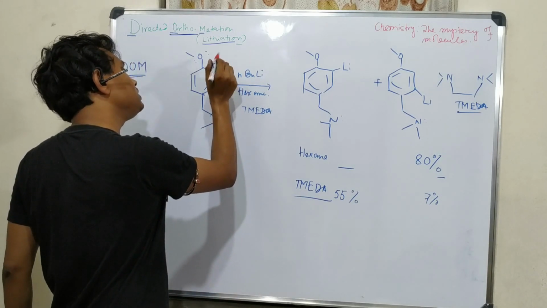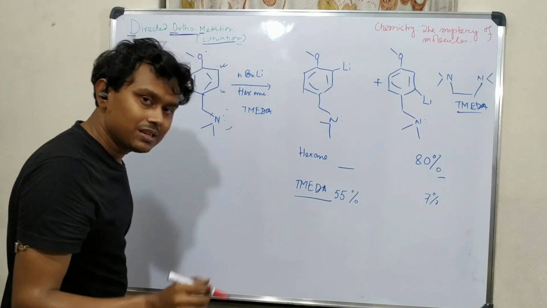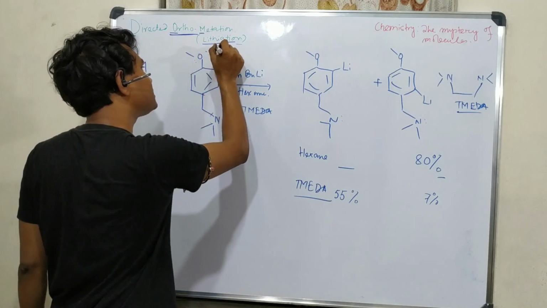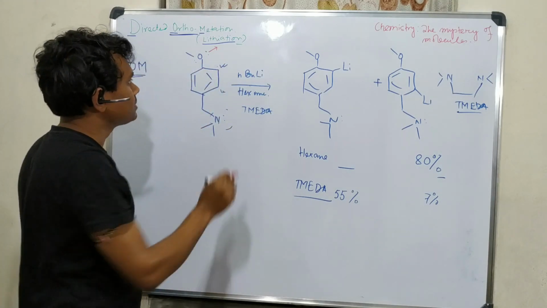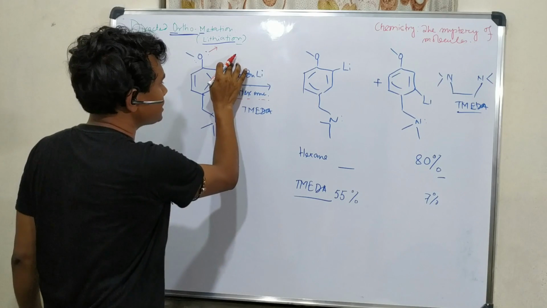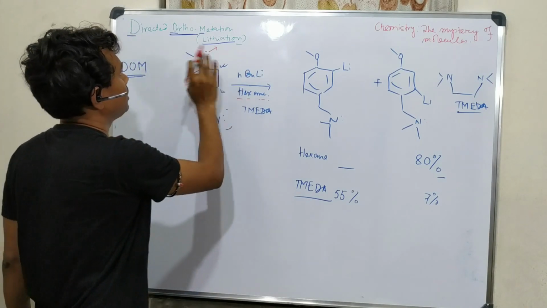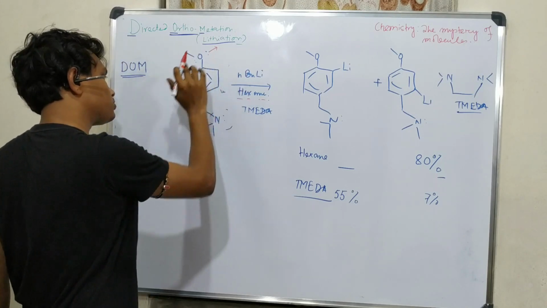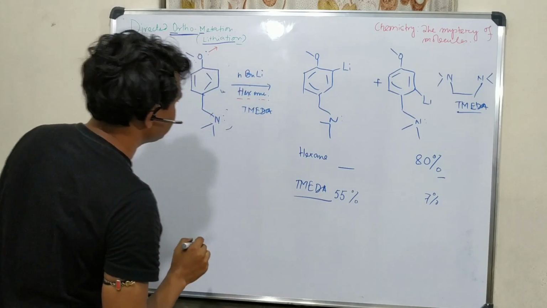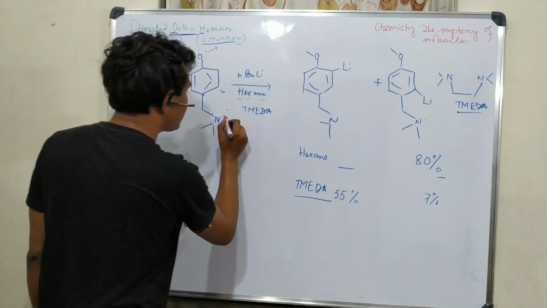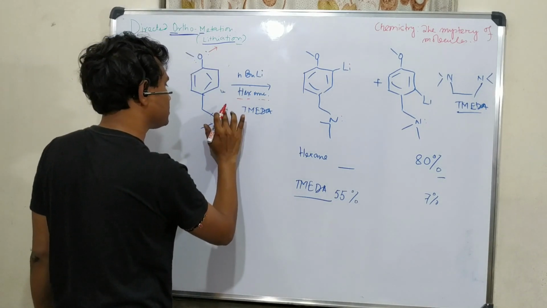This center is more electron deficient, and second, we know that here oxygen will coordinate. Sorry, I made a mistake. This center is more acidic, it is true, but in the presence of hexane, what happens? This lone pair coordinates more.